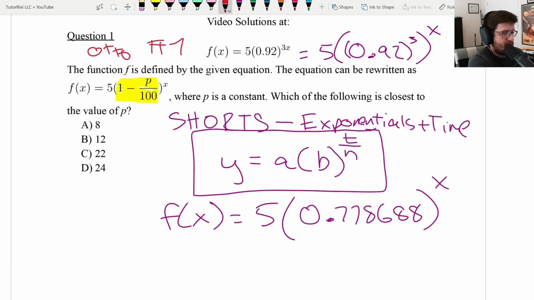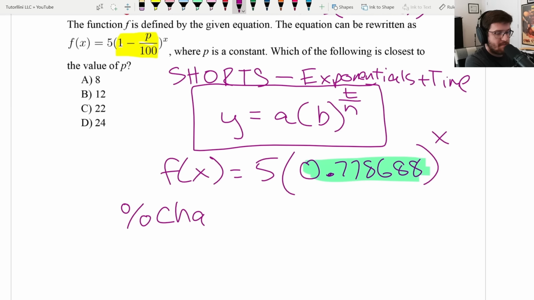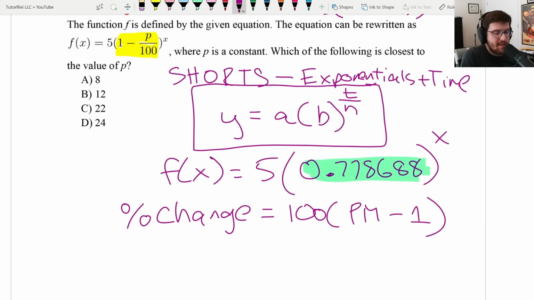So this guy is our multiplier, and it's just asking us in a roundabout way what the percent change is for that multiplier. I go over this in the shorts, guys. In many of my shorts and pretty much all my videos, 100 times the percent multiplier minus 1 to find the percent change. So let me pull up Desmos.